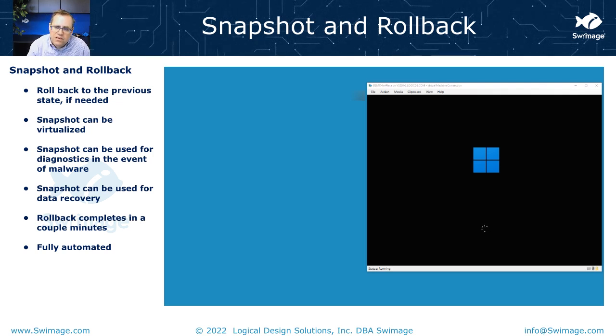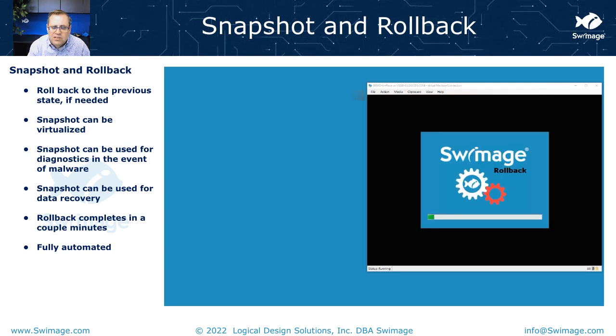What this is doing now is booting into PE, and it's going to run the rollback process. As soon as it's rolled back, it'll be finished. The rollback process itself, like I was saying, is roughly 2 minutes end to end. So here's the rollback itself. It's taking the previous operating system and applying it to the current.